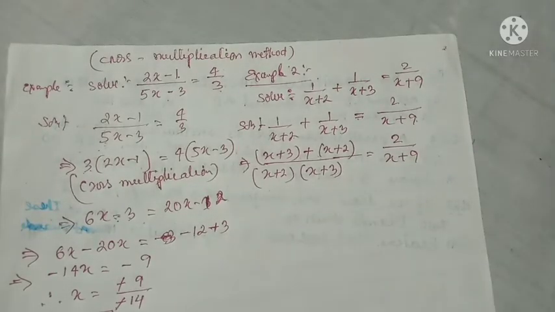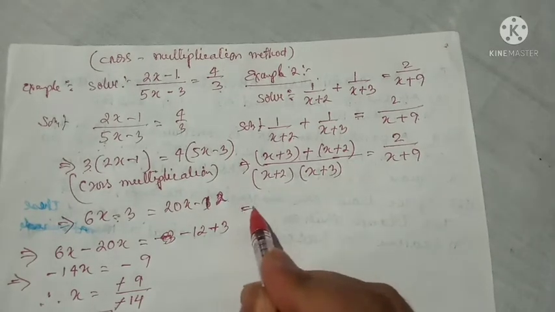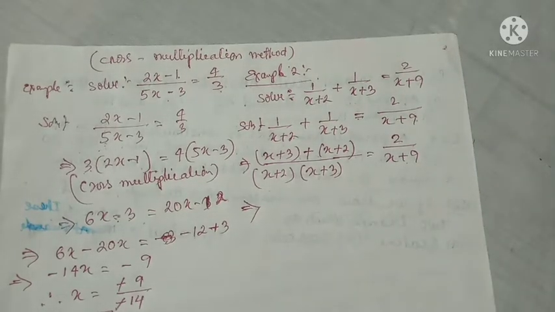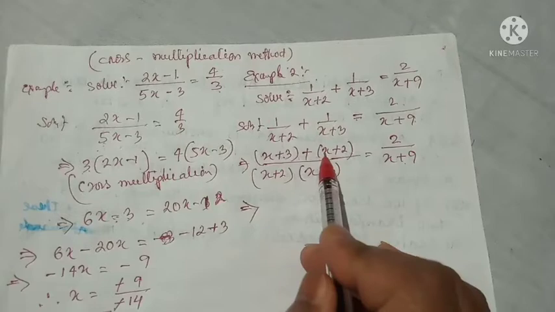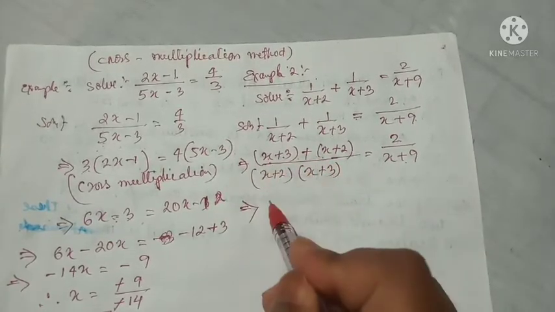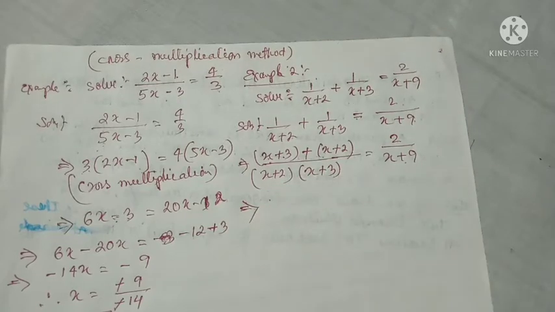Then here we have to do cross multiplication. Sorry, before cross multiplication we have to add all of this up.